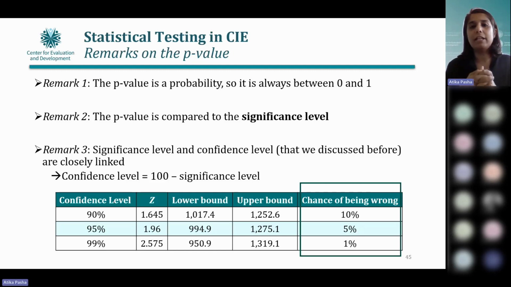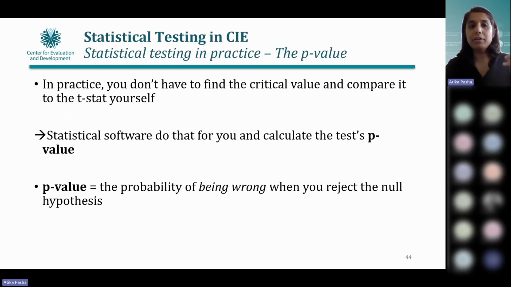Alternatively, if you see a p-value of 0.97, that's an extremely high probability. And therefore, what this implies is that with a p-value of 0.97, you can be rather certain that the probability of being wrong when you reject the null hypothesis is very low.